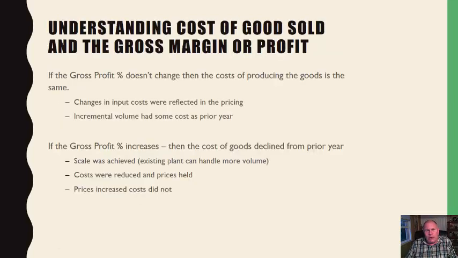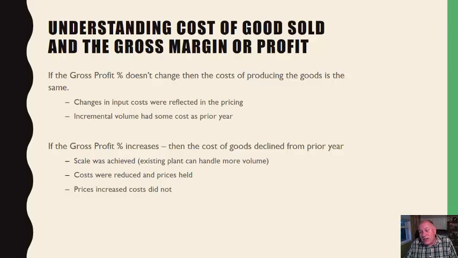So let's just take another look at that. If the gross profit doesn't change, then the cost of producing the goods is the same, meaning the changes in input prices were reflected in the pricing. Incremental volume had the same cost as last year. If the gross profit percentage increases, then the cost of goods declined from the prior year.